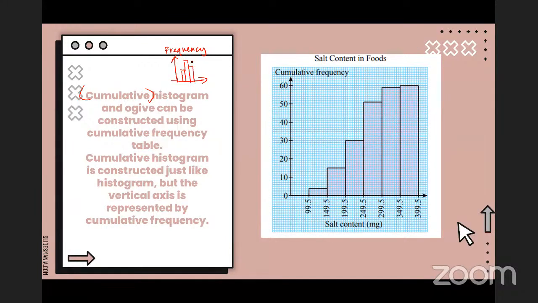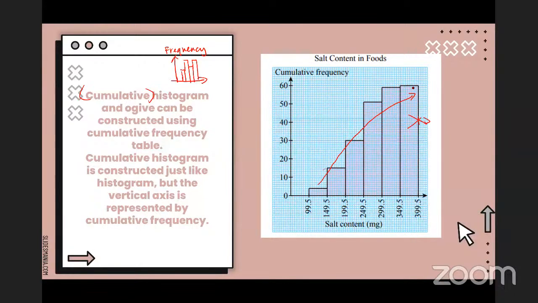So what you construct might be tall and short. But when it is cumulative frequency, you'll see that it is only going up. It will never come down. Never. It is only going up because it accumulates. The number is actually accumulating, so it keeps increasing only.